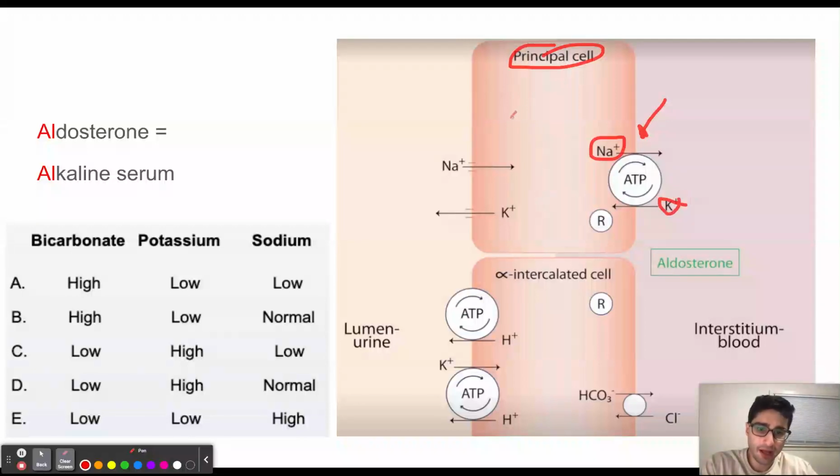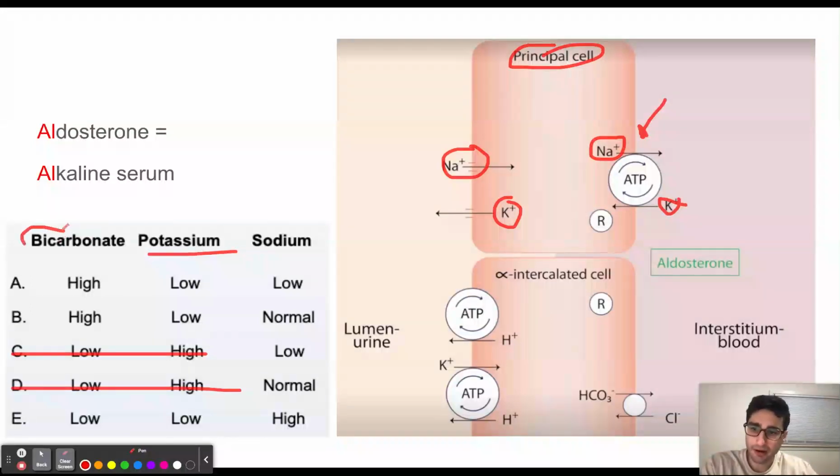Aldosterone is also going to stimulate the sodium and potassium channels on the apical side of the principal cell. And so we're going to be reabsorbing sodium and excreting out potassium. So we will ultimately have low potassium levels. So we can cross out answer choices C and D.